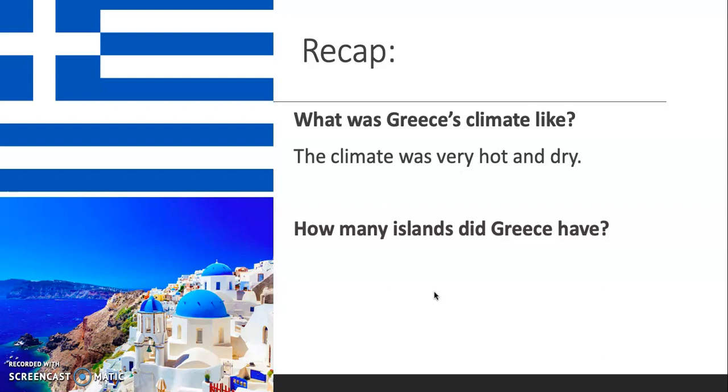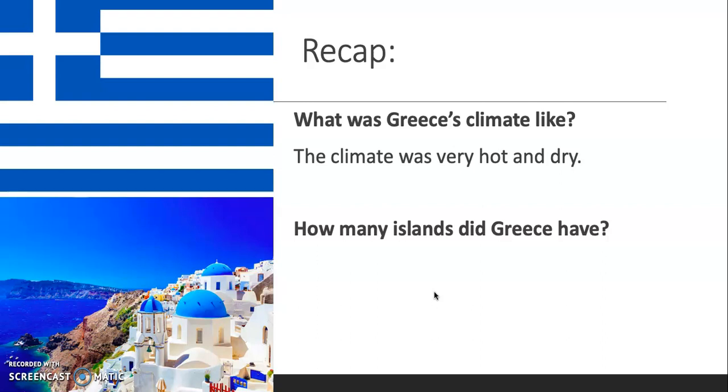We know that the climate is very hot and very dry, and as you can see, quite a mountainous terrain, which is the land itself. Because of this, Greek lives meant that they did struggle to grow vegetation. The most notable of all those that was very popular and did grow in those conditions was the olive tree.